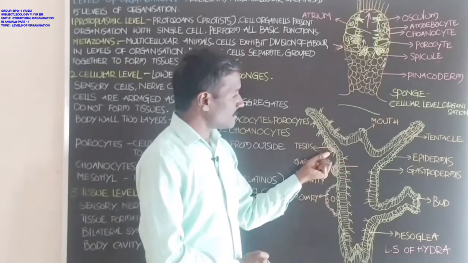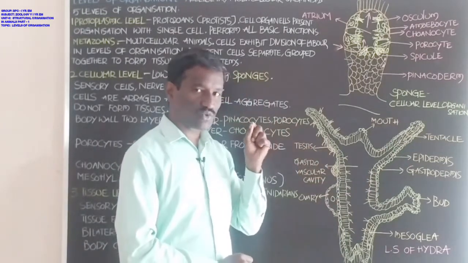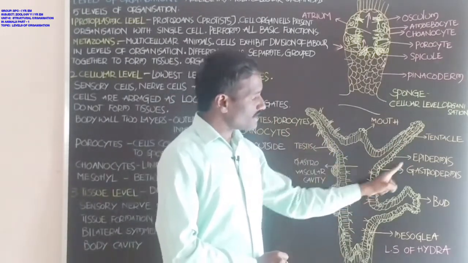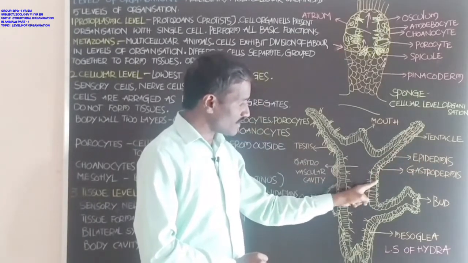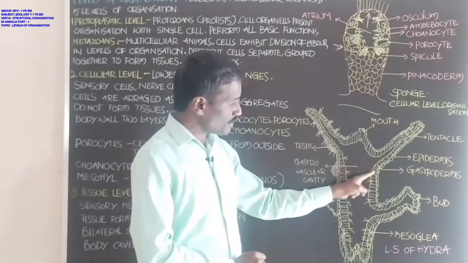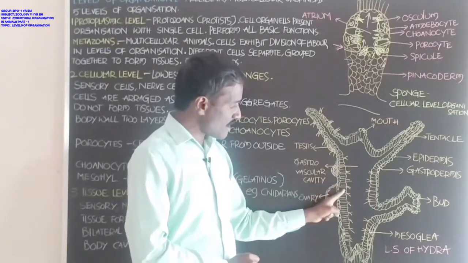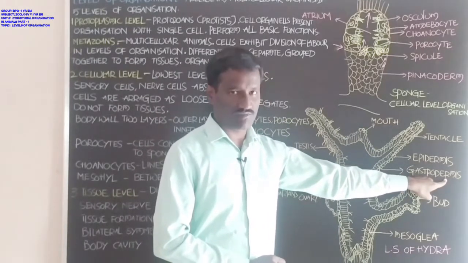The body wall has two layers. The outer layer of the body wall is called epidermis, and the inner layer of the body wall is called gastrodermis.